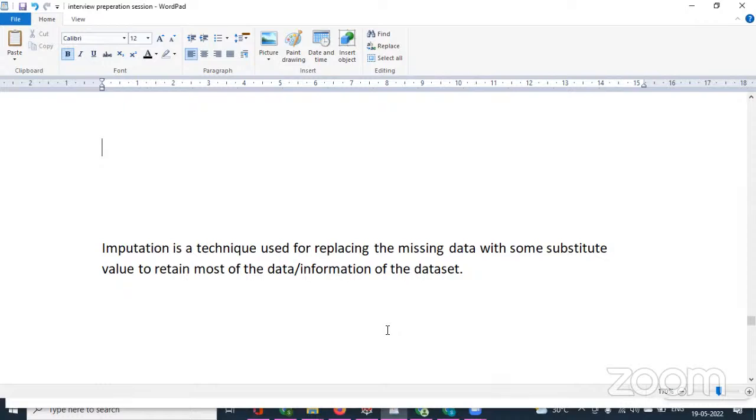Like Vaibhav said, we will be using mean or median for the numerical data, and for categorical data, we will be using the mode. Yeah, Supravat, that is absolutely right.